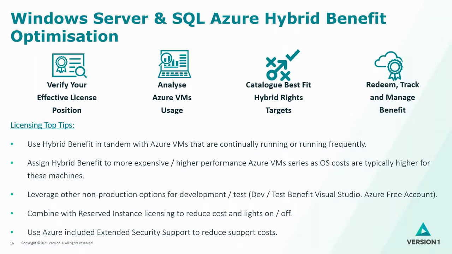When all combined, these are some really great techniques that can allow you to squeeze cost out of your Azure monthly consumption fees. And for those who've got extended security support, the SQL example that I mentioned in the presentation gives you a great opportunity to eliminate that cost if you've got those ESUs subscribed to on a standalone basis. Moving those SQL Server VMs into Azure can mitigate against that rather expensive cost, I would say.